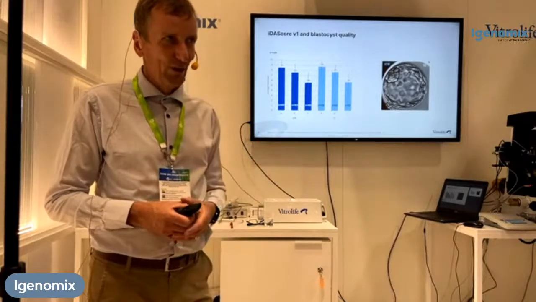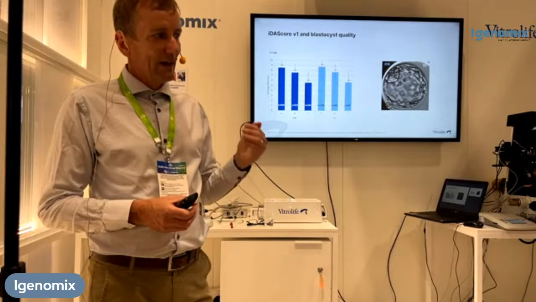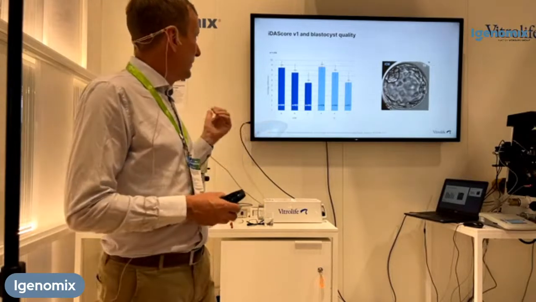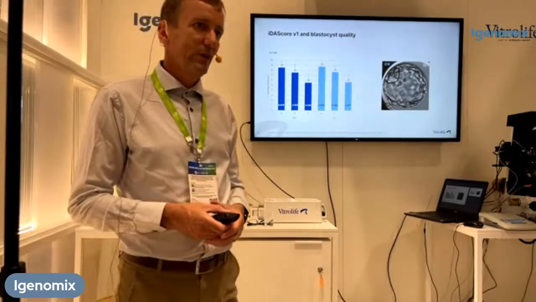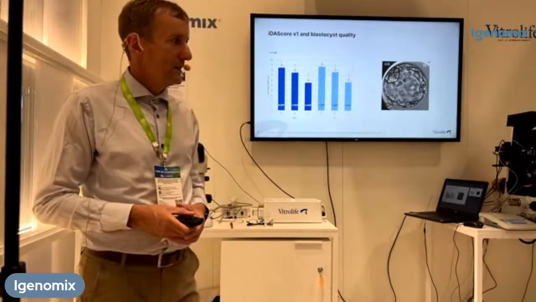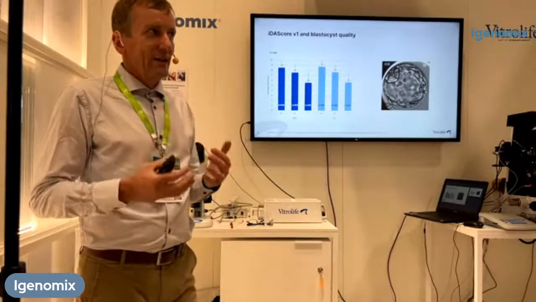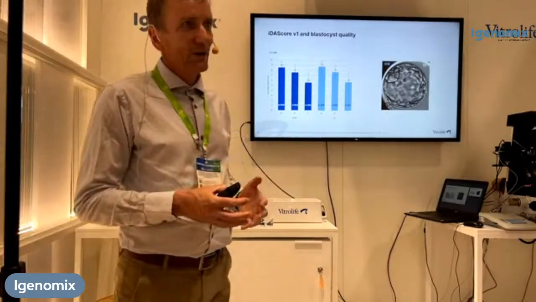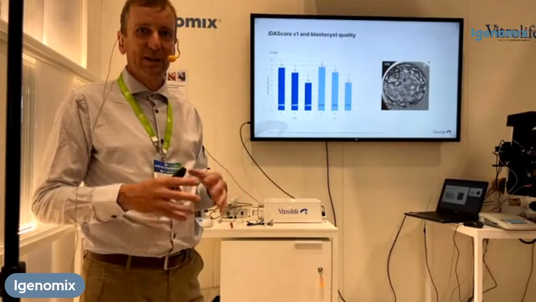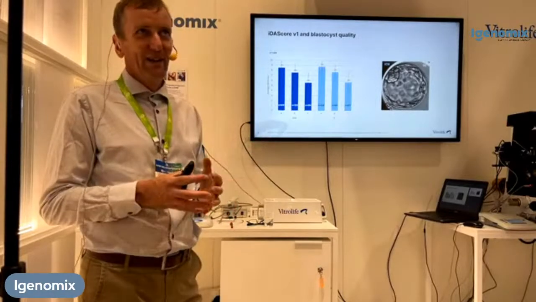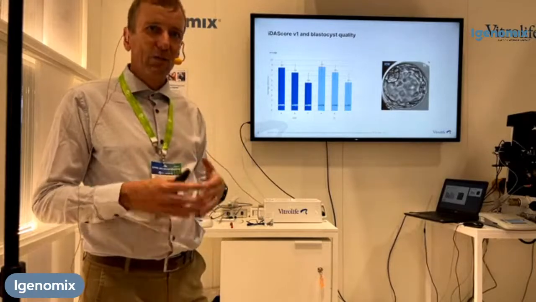And here we see that iDAScore is decreasing with Gardner score, so it gets the highest grade if the ICM score is A, and the lowest if it's scored as a C. And you see the same for both ICM and TE. So this shows us that iDAScore has learned things about morphology. Probably it hasn't learned what Gardner score is about, but at least it has learned to look at the blastocyst, and when it grades it, it's kind of mimicking what we have learned ourselves.